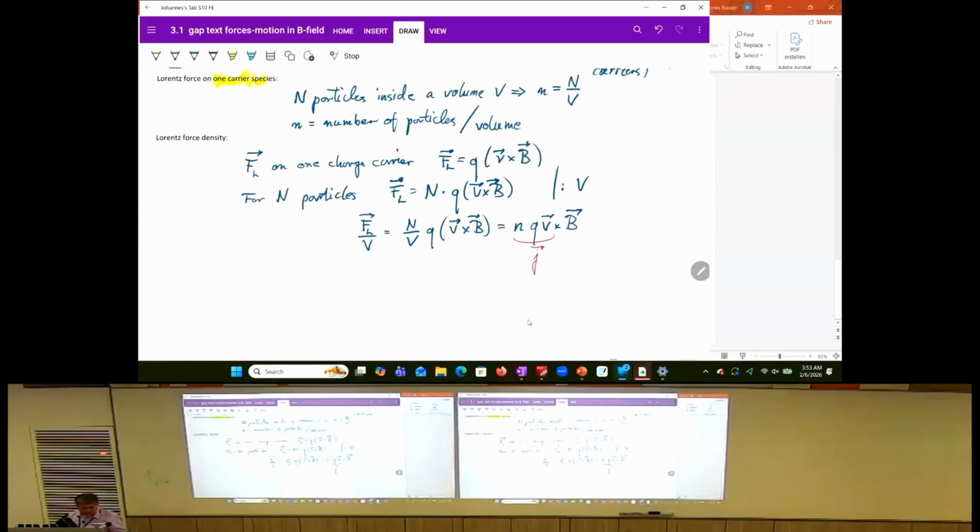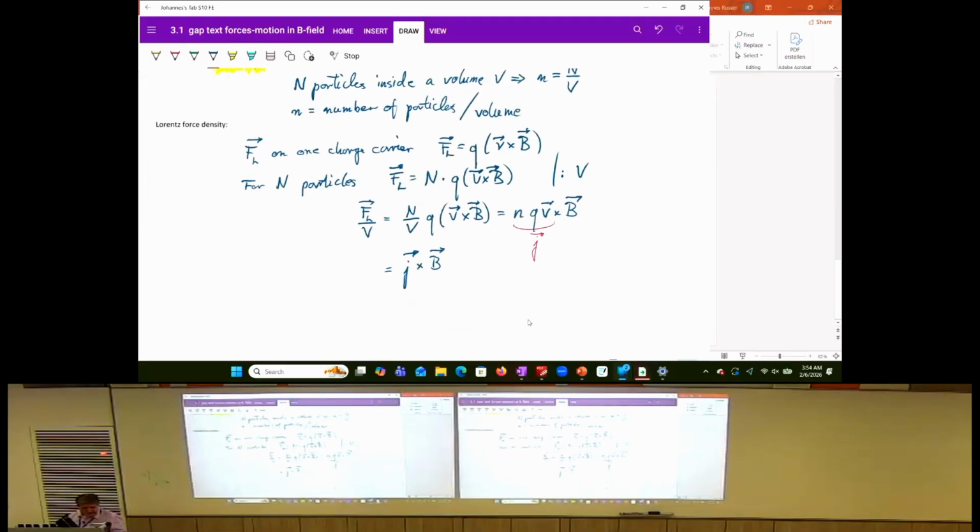So you can conclude that we can write the force per volume as the current density and its cross product with the magnetic flux. This quantity, force per volume, that we can introduce here, is the force density.